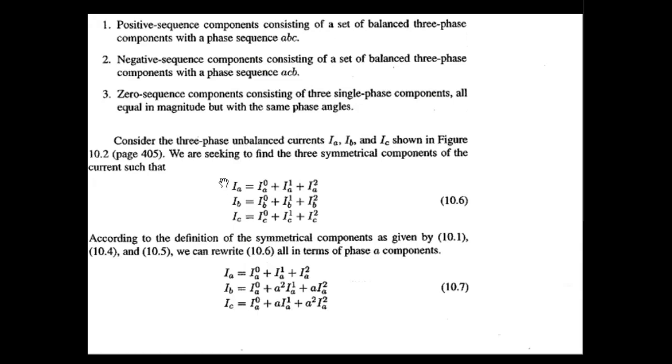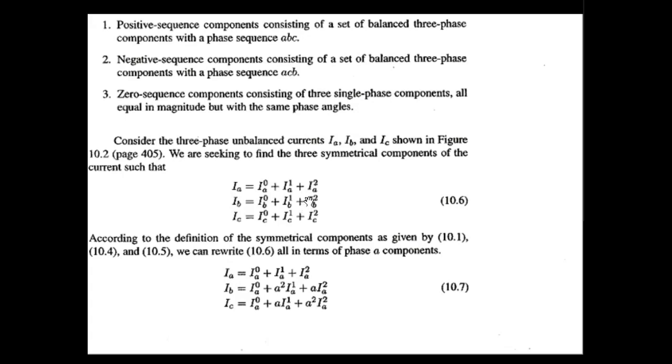The name begins with F, right? Fortescue theorem. Fortescue's theorem, yes, sir. Fortescue theorem for converting the unsymmetrical phasor to its equivalent symmetrical components. So the Fortescue theorem is applied to generate those symmetrical components.